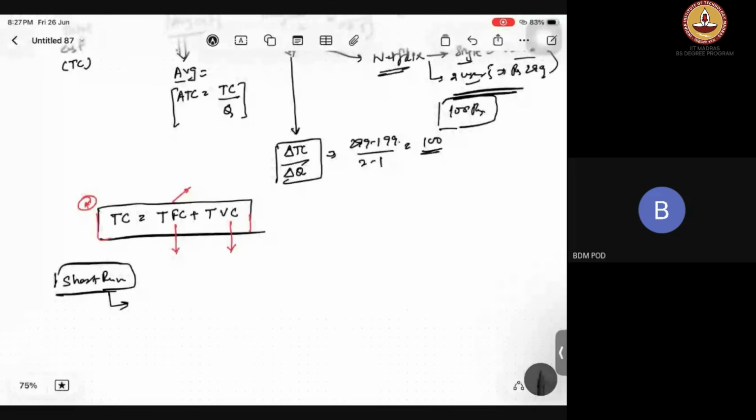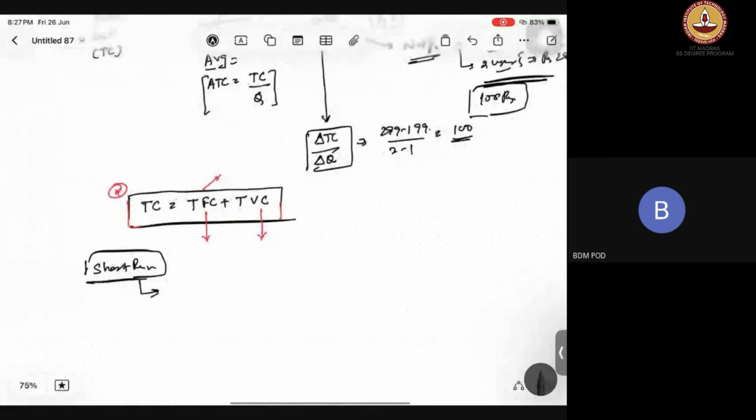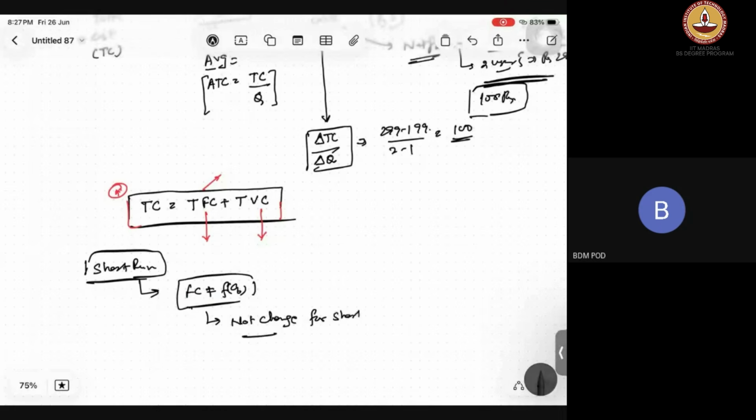We need a longer time to plan it, right? So it means the fixed costs do not change for a shorter run. Fixed cost is not a function of quantity, or it will not change for a short run of production.